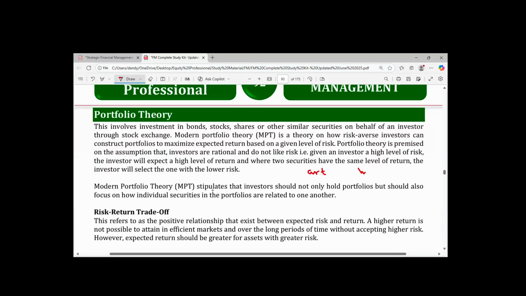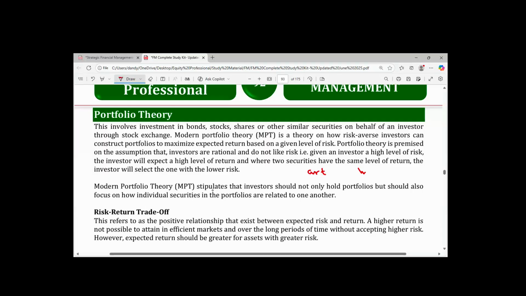But a rational investor is saying, given a high level of return, he will expect the same level of risk. And where two or more securities have the same level of return, such an individual will select the security with a lower risk, right?